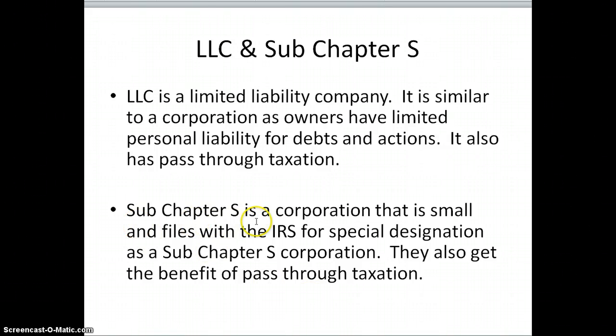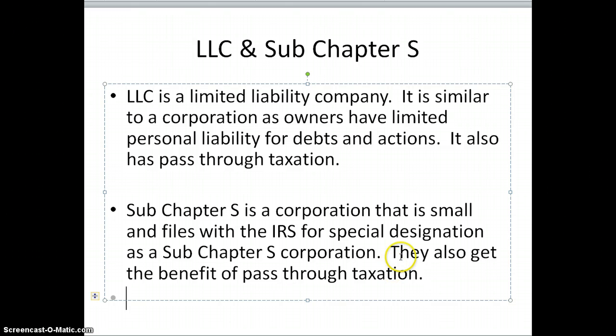And a subchapter S is a corporation that is small and files with the IRS for special designation as a subchapter S corporation, and then they get the benefits of limited liability and pass-through taxation. So this subchapter S was created by the IRS to help small businesses, and this limited liability company is more for accountants and doctors and lawyers that form partnerships but still wanted to have this limited liability.